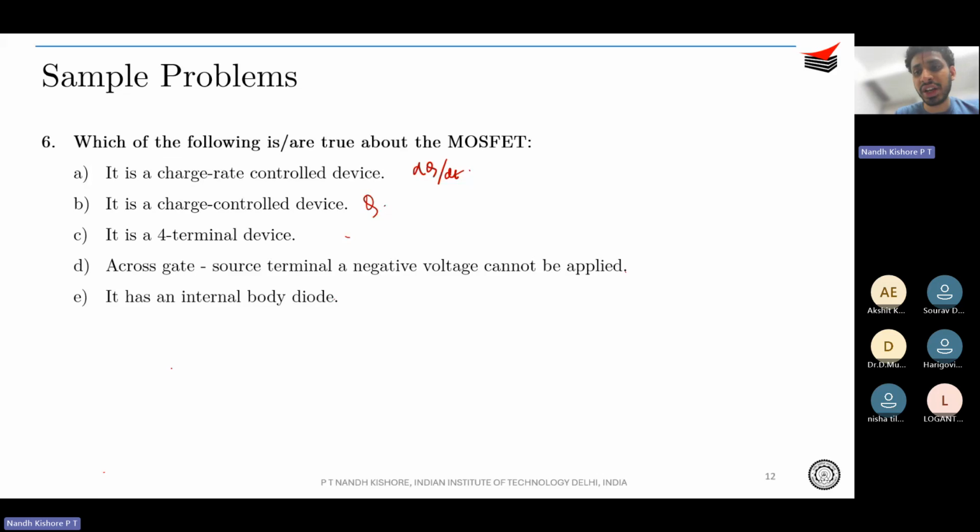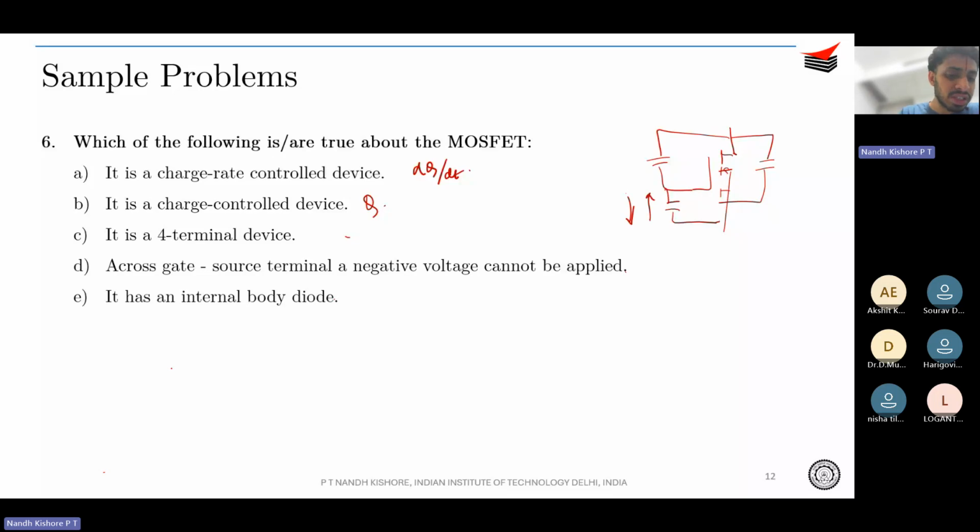As we were mentioning earlier, the MOSFET essentially consists of parasitic capacitances, right? So it has CDS, it has CGD, and it has CGS. You control the charge that gets pumped into this device or charge that is taken out of this device, right?